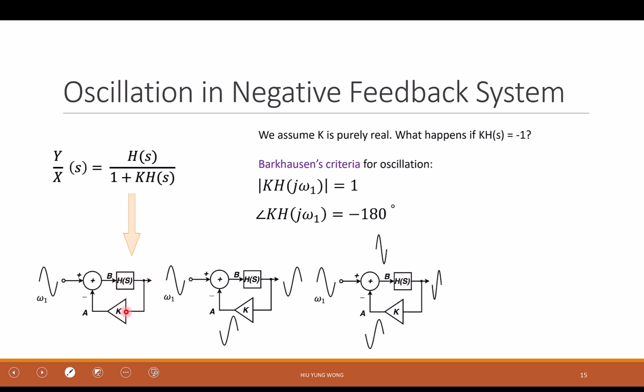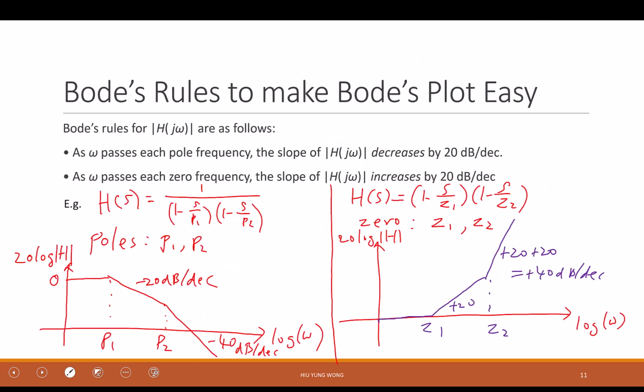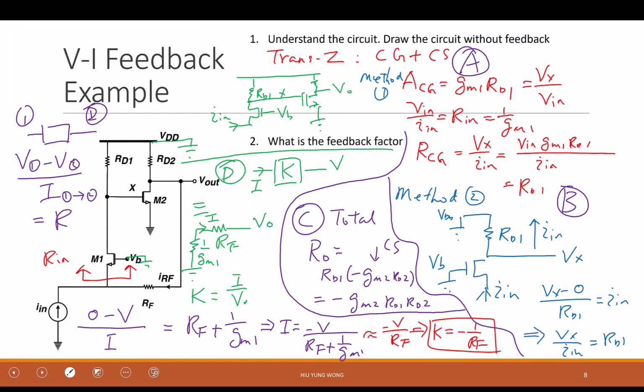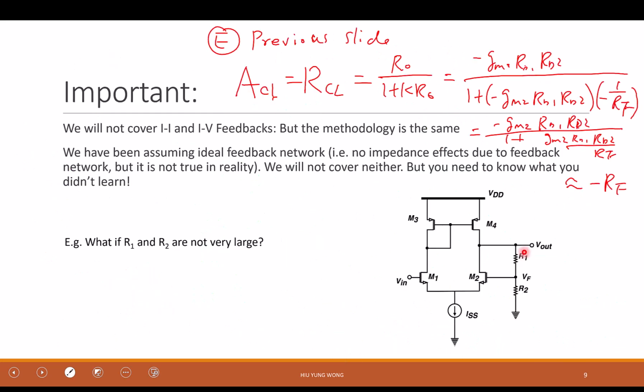We assume K is larger than 0 because you see many examples already. For example, the K here is just a resistor. The K here is just a resistor divider. It's well controlled, usually passive, have a very good frequency response, right?